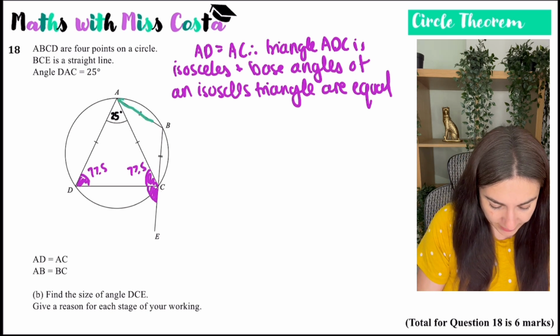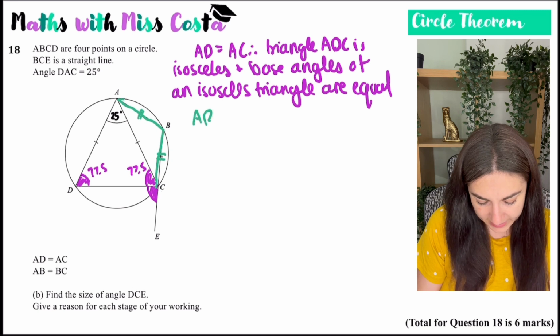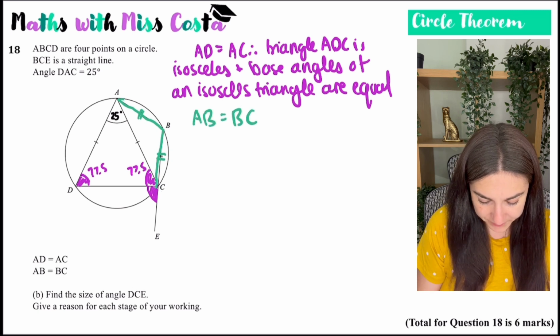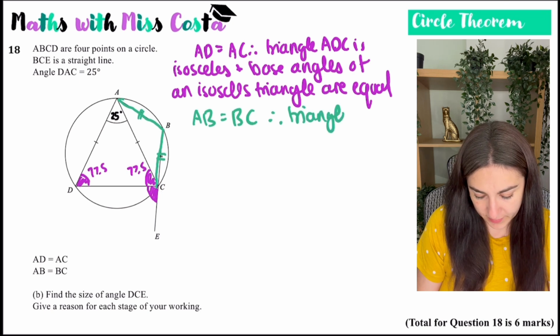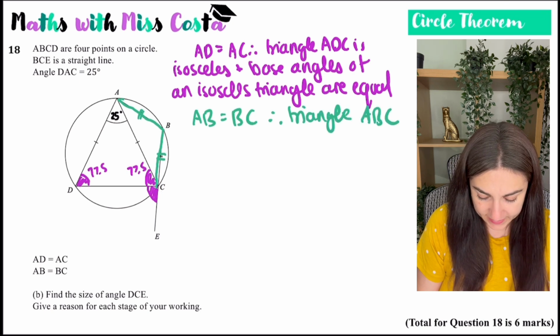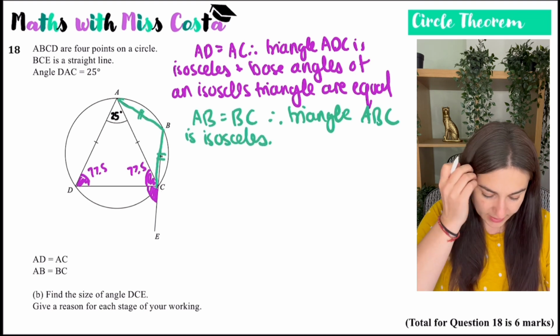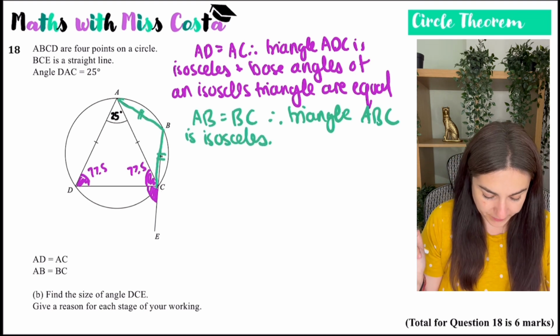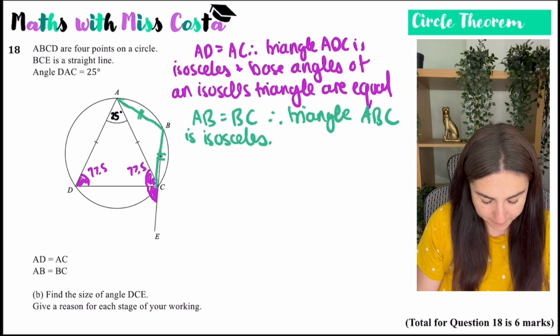Next, I know that AB equals BC. Therefore, triangle ABC is isosceles. So if I can work out any of the angles, then I know that I can do stuff with them. So let's try and think outside the box.